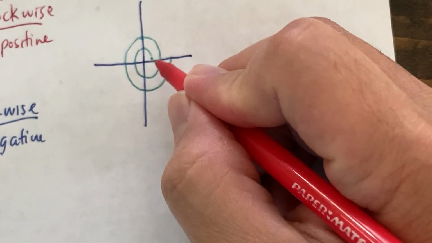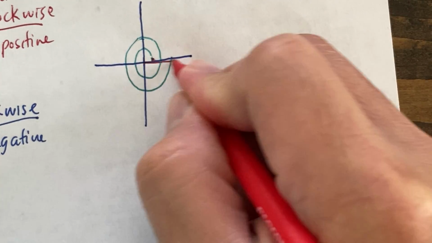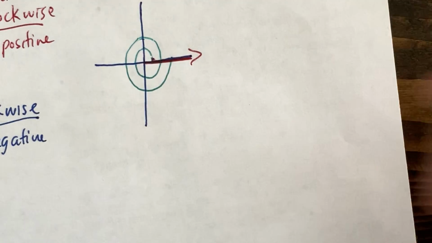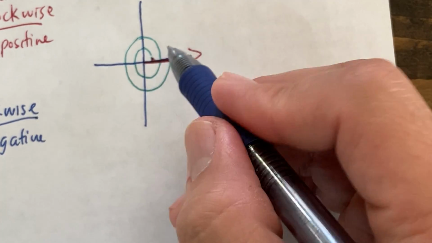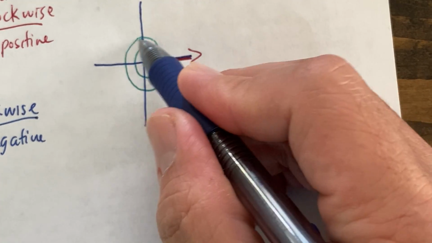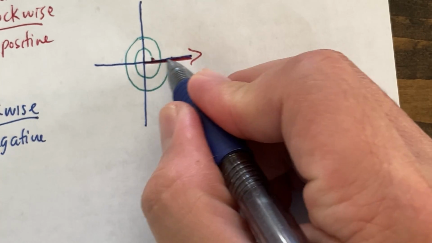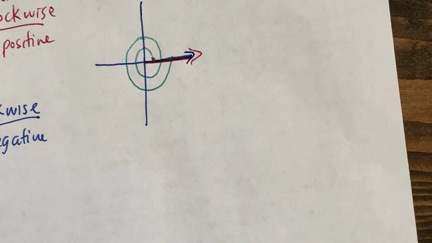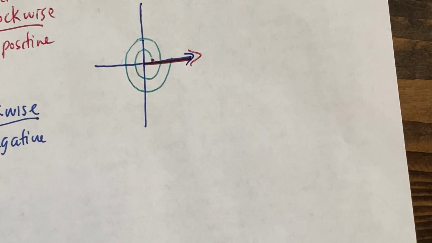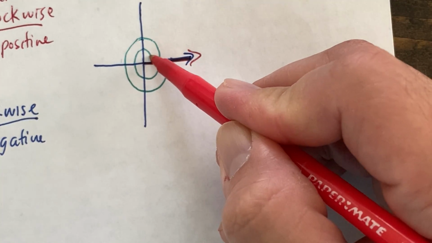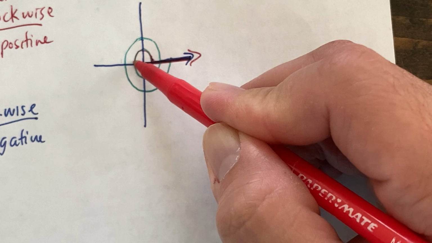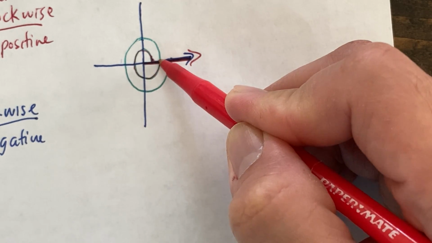So let's start this one here. Started with the initial side, always that's the initial side. And then after several revolutions, it landed on the same side as our initial side. So what's the answer? Here, 90, 180, 270, 360.